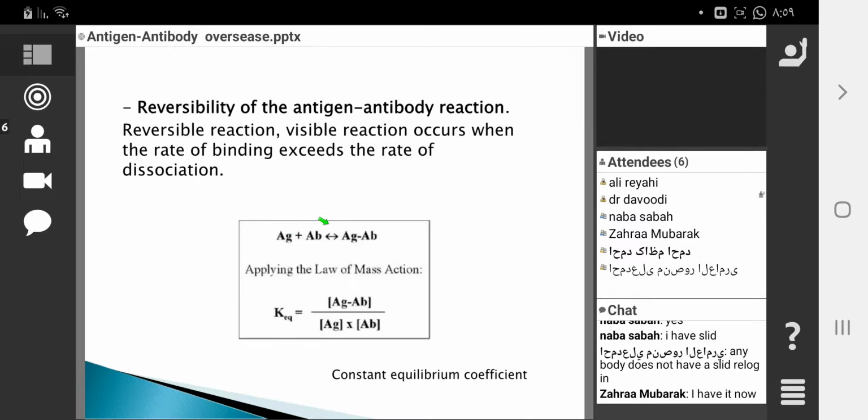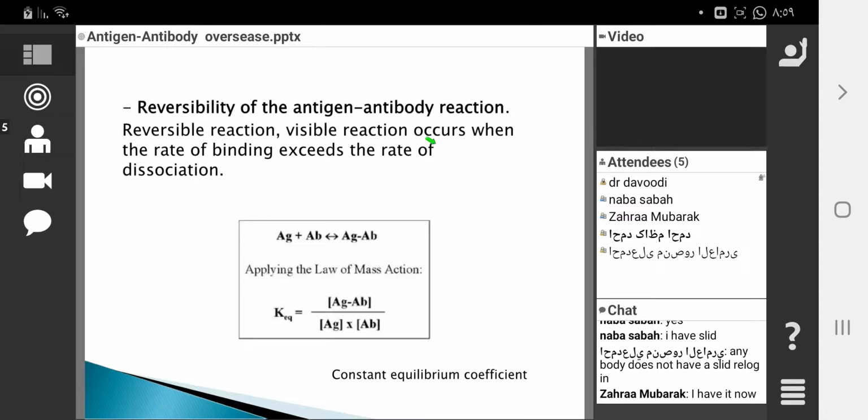It means that the rate of formation of the antigen-antibody complex should be more than antigen and antibody dissociation. After that, we can see the reaction between antigen and antibody as, for example, agglutination or precipitation, and so on.